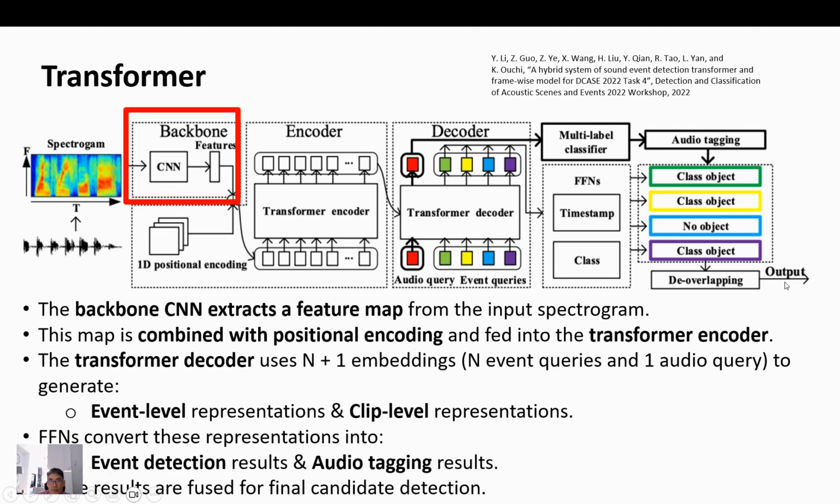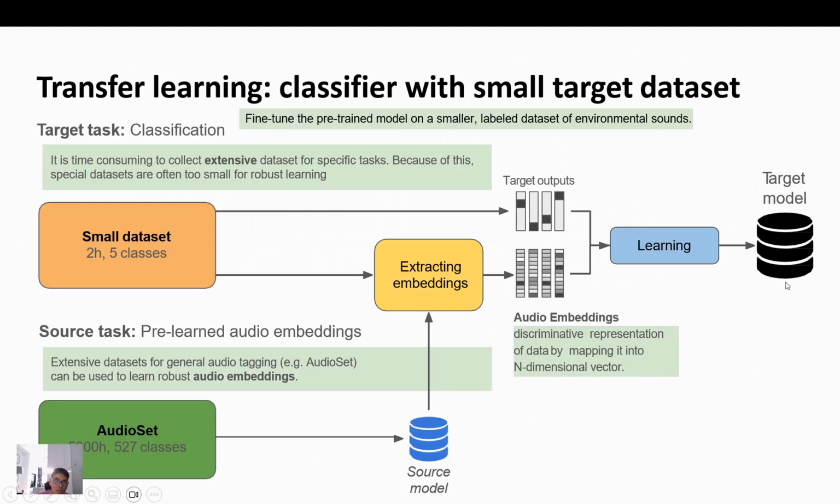All right. So for transfer learning, if you don't use few shot, you don't use what I call the transformer, we can use transfer learning because we work on a small target data set. All right, because we can fine-tune the pre-trained model. Okay, we just download the pre-trained model trained on a larger labeled data set of environment sound, because it's less time consuming as compared to collecting it ourselves.